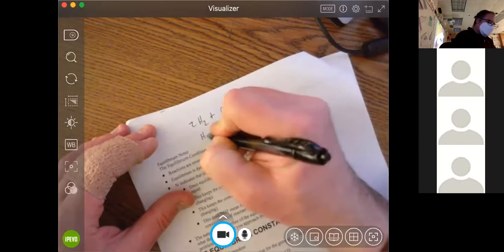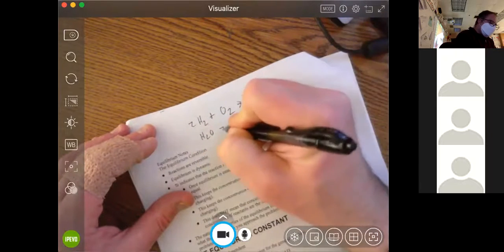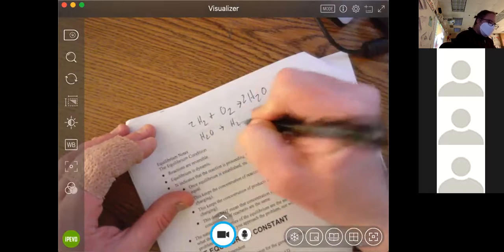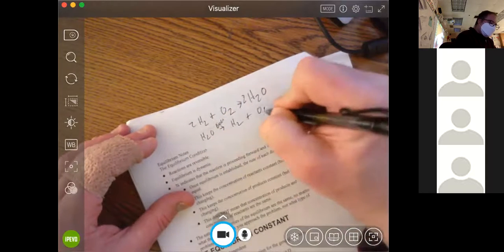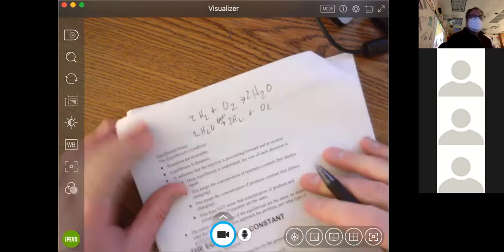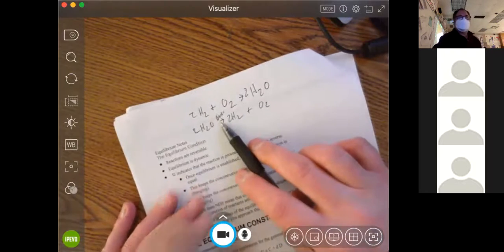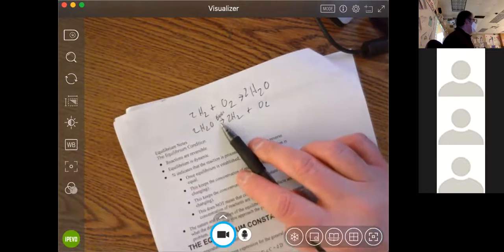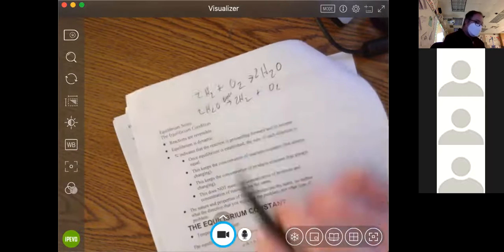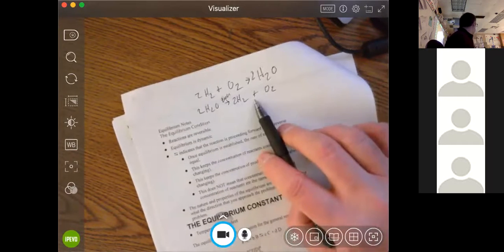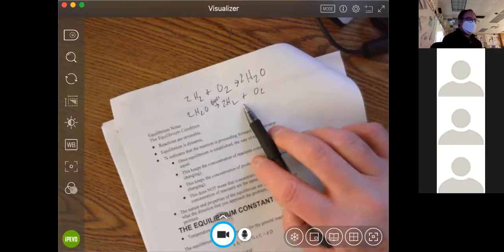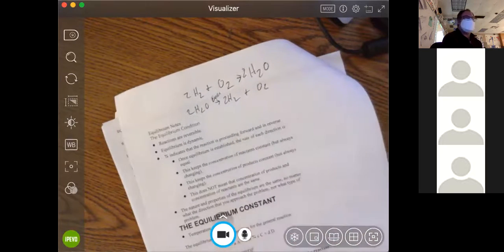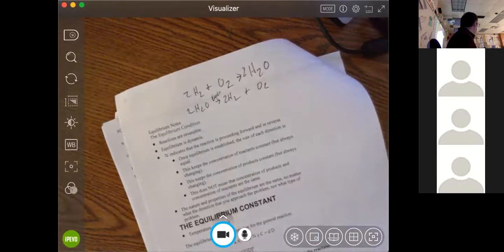Well, we can also take water and break it down with electricity and form hydrogen and oxygen. Now, this does take energy, so we know that one of these processes is more favorable. One also has a lot more disorder. And keep in mind that things that release energy and increase disorder are usually favored.